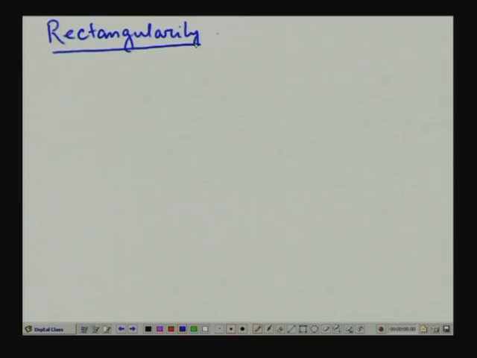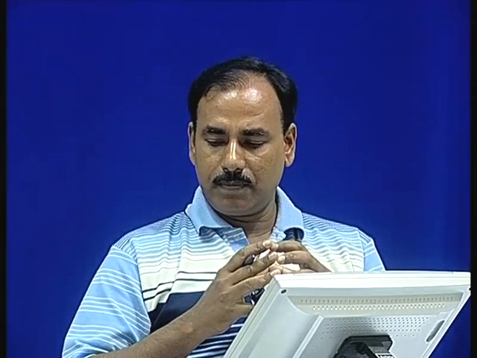Rectangularity is the ratio of a region area and the area of a bounding rectangle having a particular direction, say k, which is maximum.